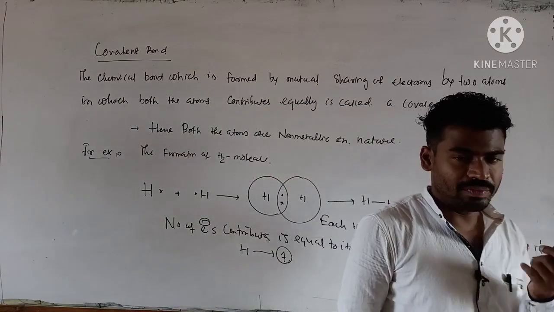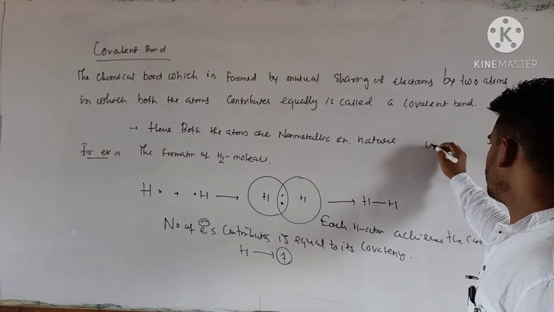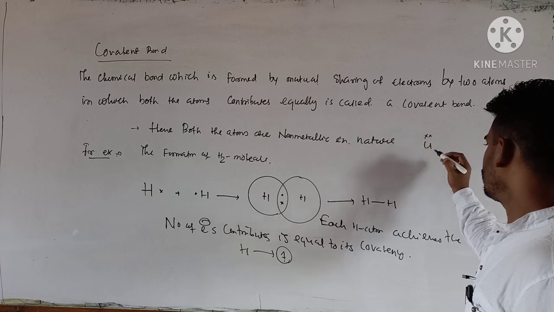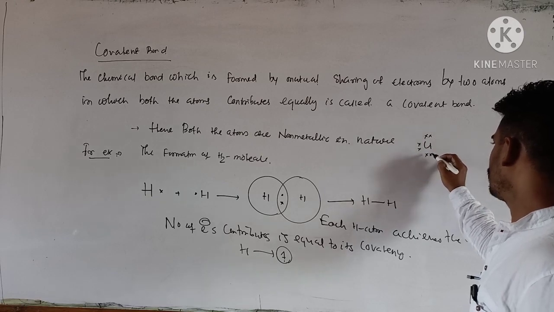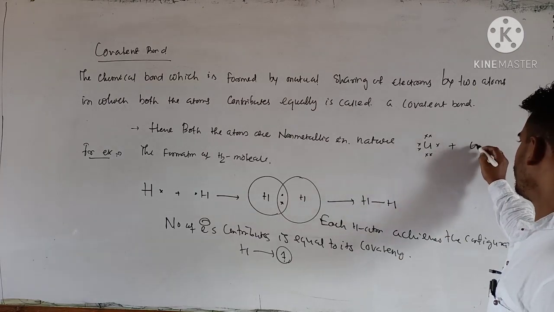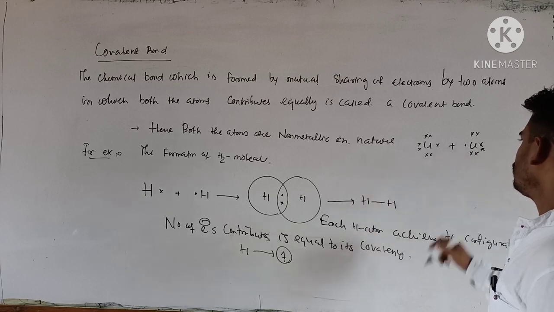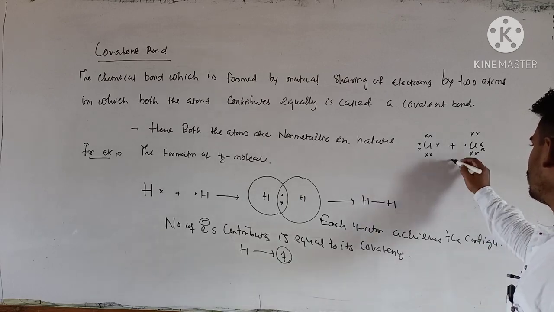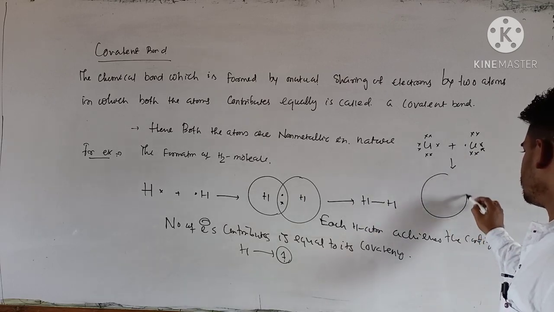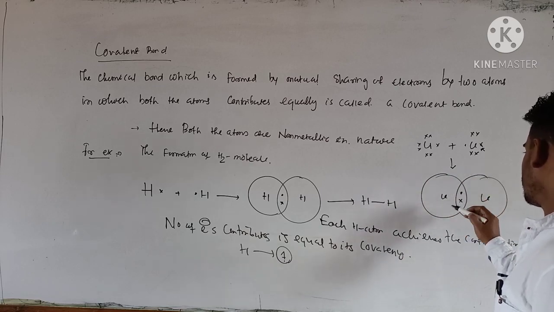Like that, if I consider a chlorine molecule, Cl2, Cl has 2, 8, 7, that is 7 valence electrons, and another chlorine also has 7 valence electrons. So next what happens, this one is chlorine, another chlorine, so this dot and cross over here.